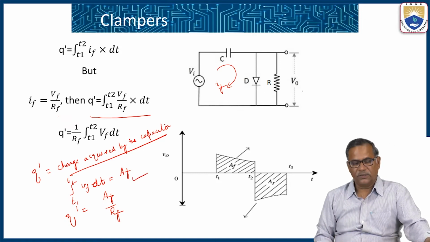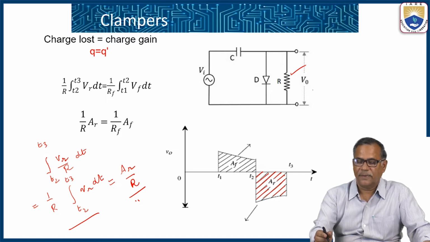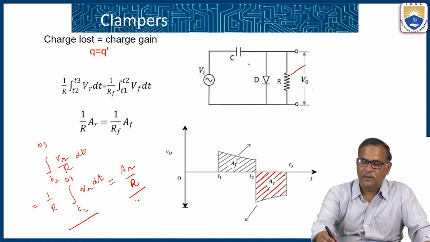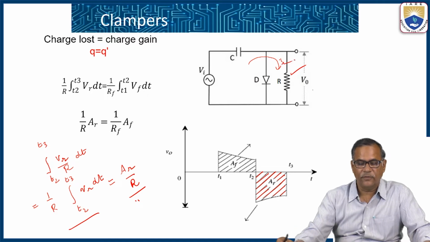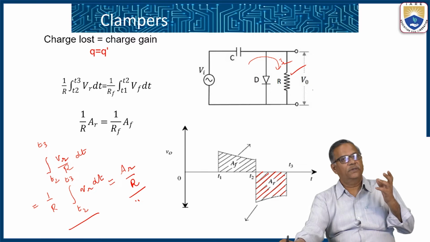And similarly, what is the charge lost by the capacitor Q? In this direction we assume that the current through the diode is IR, and that is equal to 1 by R integral T2 to T3 VR dt, and charge lost is equal to charge gained.